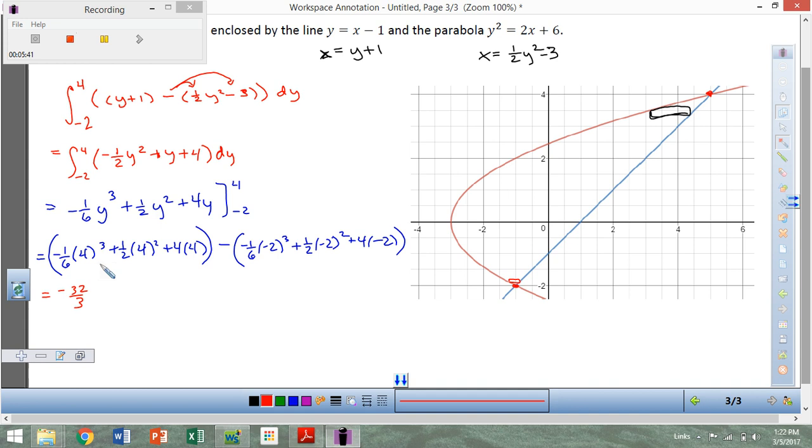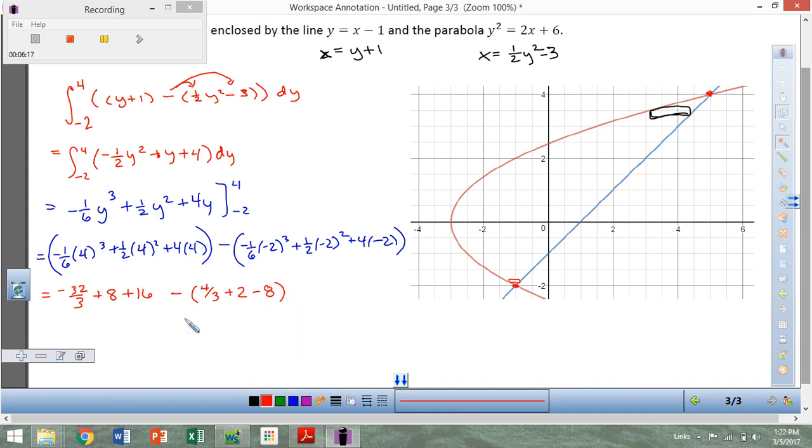So I've got -32/3, 4 squared is 16, times a half will be 8, and then 4 times 4 is going to give me 16. I've got that minus, -2 cubed is going to be -8 times -1/6, it would be +8/6 or 4/3. -2 squared will be 4, times a half will be 2, and 4 times -2 is going to be -8.